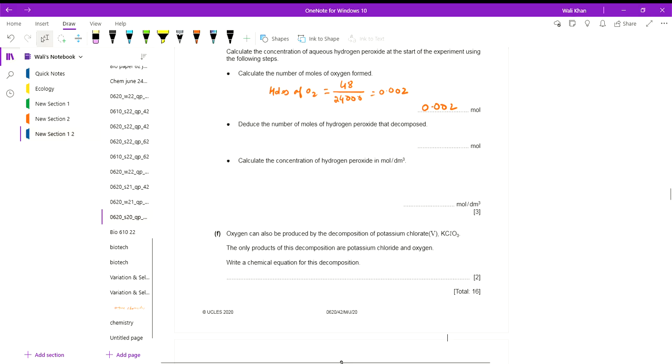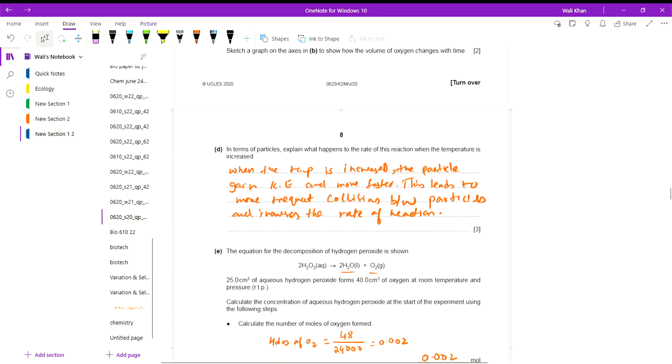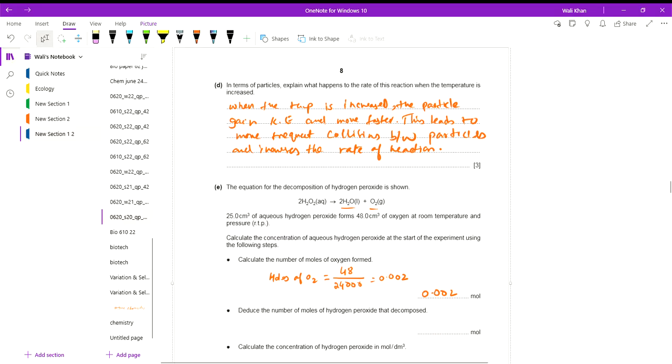Okay, deduce the number of moles of hydrogen peroxide that decompose. So from the equation we know that 2 moles of hydrogen peroxide produces 2 moles of water and 1 mole of oxygen, ठीक है.